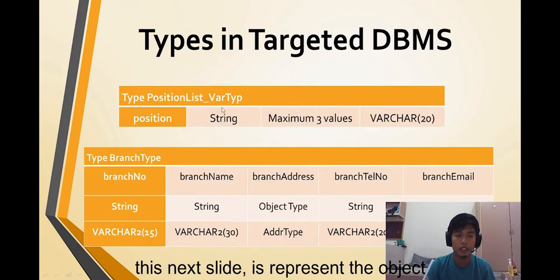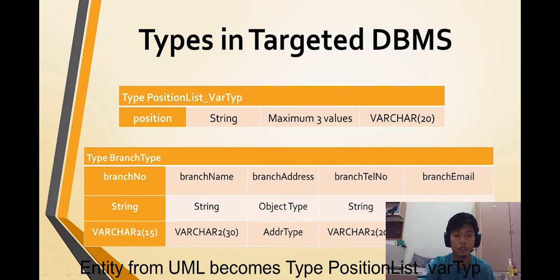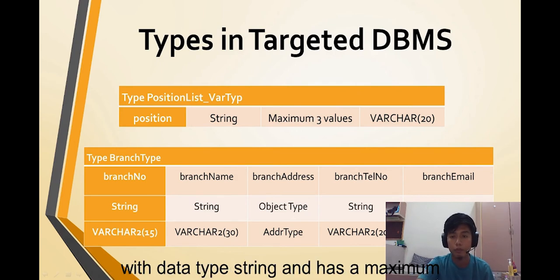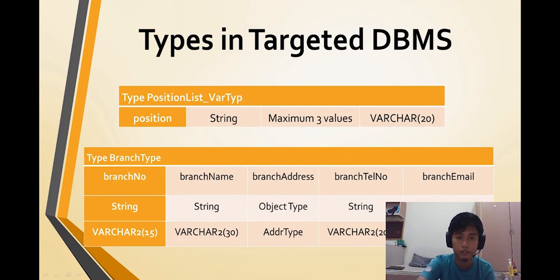This next slide represents the object relationship data model based on the logical design. Our entity from UML becomes type position list varray type with data type string and a maximum of 3 values, and varchar that holds size 20.